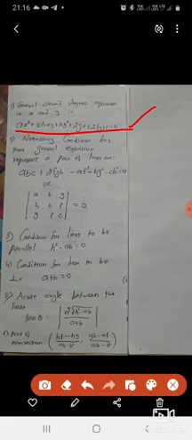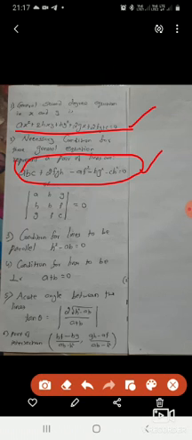It may represent a circle also. Therefore, how to verify whether it represents a pair of lines? To verify that, there is a necessary condition. Instead of this condition, you can use the determinant also.